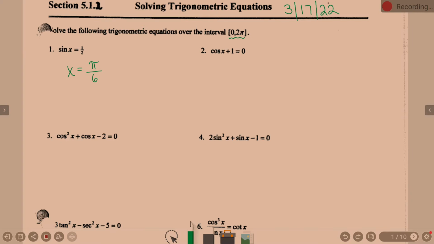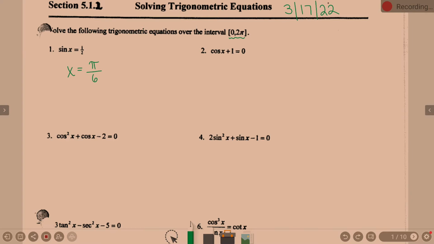Now, we're not done. I need another answer. In other words, there's often more than one answer today. So this is on the interval 0 to 2 pi. Are there other places that sine equals 1/2? Is there anything else on the chart?